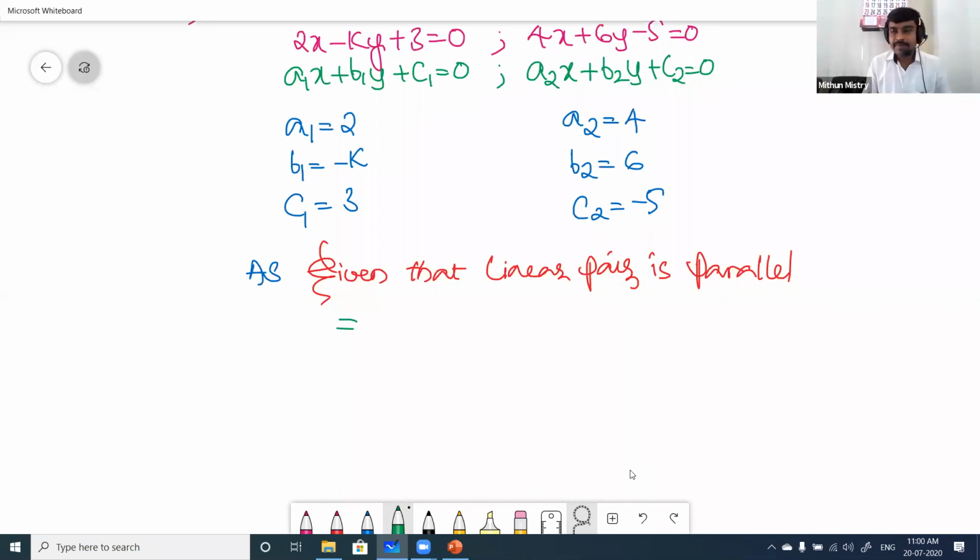So when the lines are parallel, what will the condition be? No solution.